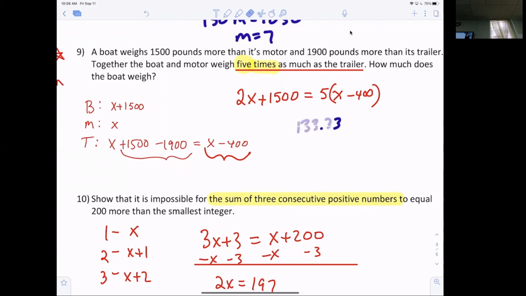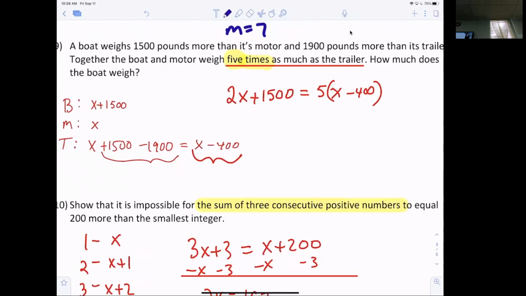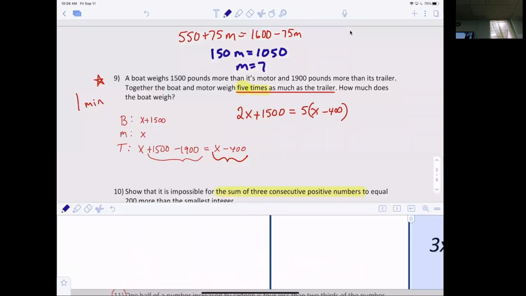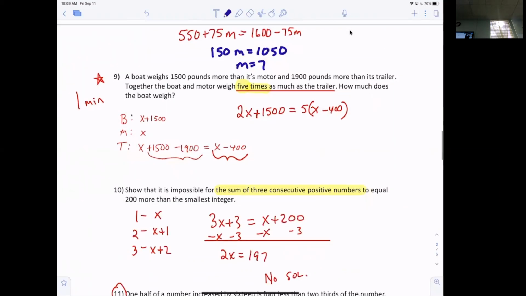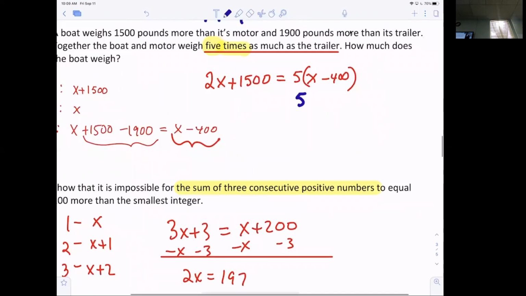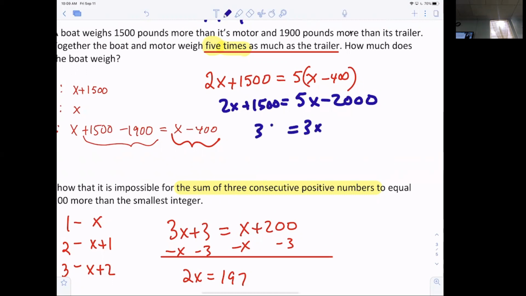All right, so let's see. I don't care if it's wrong. Here we go. So let's distribute. That'd be 5x minus 2,000, right? So moving things around, 3x is equal to 3,500, right?